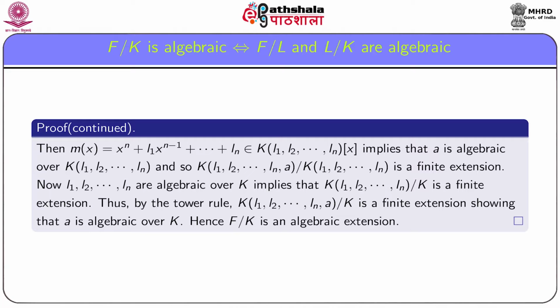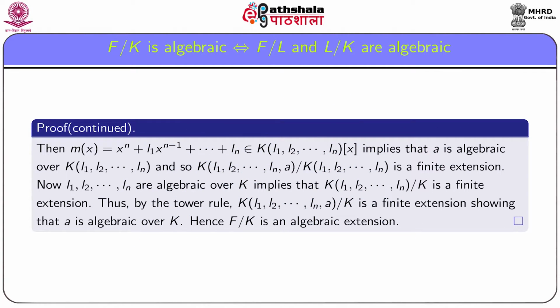Again we have that the extension L is algebraic over K. Since l1, l2, ..., ln are elements of L, they are algebraic over K, and this implies that the extension K(l1, l2, up to ln) over K is a finite extension.